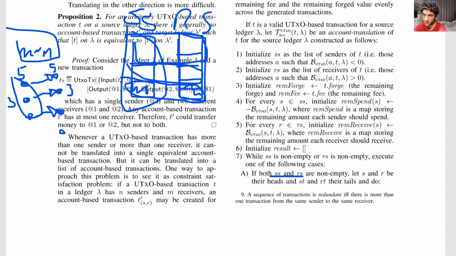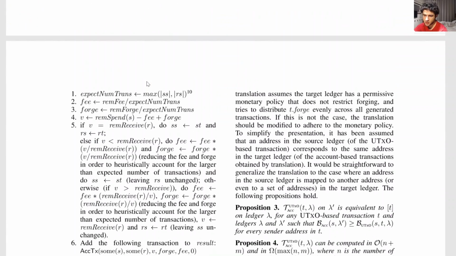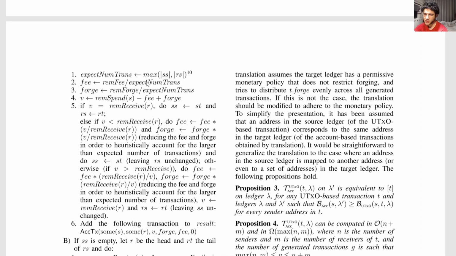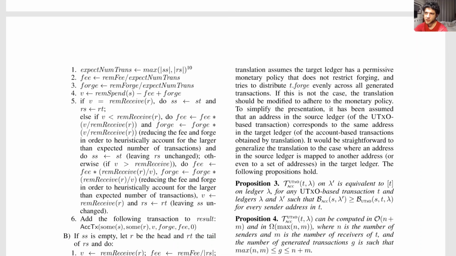This is the idea, and so the actual implementation is you say, okay, so what is the expected number of transactions? Okay, so expected number of transactions, we assume we will hit the best case. So you say, okay, the expected number of transactions is our best case scenario, where we have the max of the number of senders and the number of receivers. Okay, and so for our UTXO transaction, we will have a given fee and a given forge represents our Coinbase.